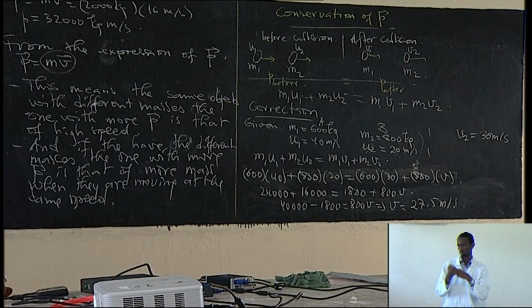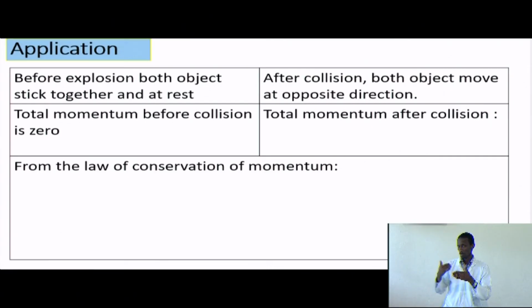You know, before the explosion, both objects stick together at rest. So after the collision, both objects move in opposite directions. So the total momentum before collision is 0, because they are all stuck together. Then after the collision, the total momentum after is this one.